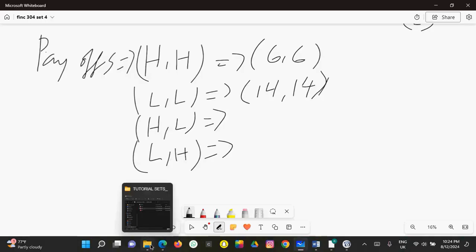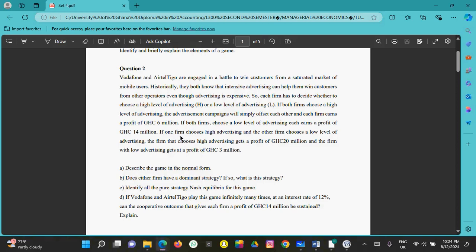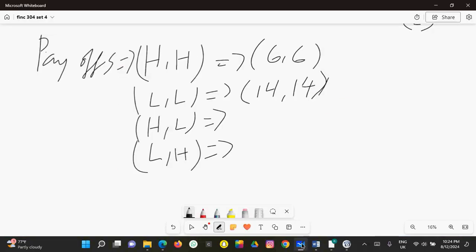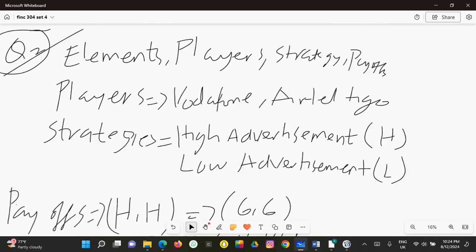If one firm chooses high and the other chooses low, the firm that chooses high gets 20 million, and the one that chooses low gets 3 million profit. So when we see high and low, high will get 20, low will get 3. Then here 3, 20, according to what they say. So now this is the normal form.